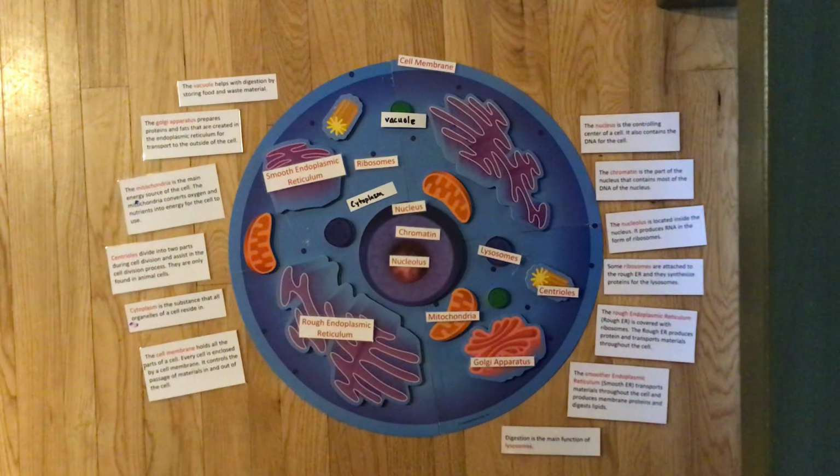Some people have just looked around their house and they've found just random artifacts that they could use to represent the different parts. You could also go outside in nature and you could have like rocks be the ribosomes and leaves be the rough endoplasmic reticulum. So you can get pretty creative here in creating your model of your animal cell.